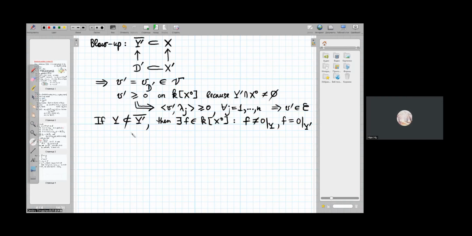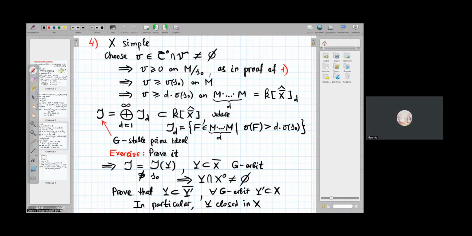And also let us observe that for such a function f, we have the following. We have that V prime of f is positive, and V of f is 0. So let me again recall what is V. V is a G-invariant valuation, a vector sitting in the interior of the cone C intersected with the valuation cone.